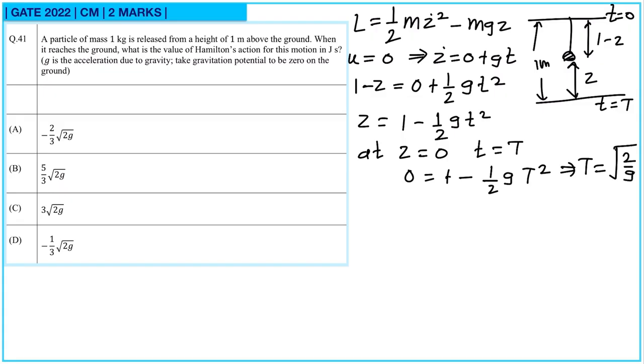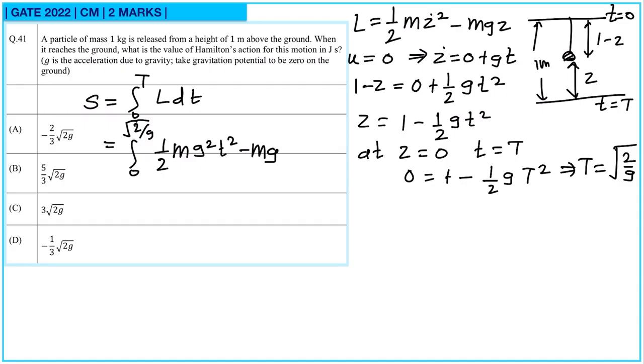Now this integral will be S is equal to the integral from 0 to T of L dt, which is equal to 0 to under root 2 by g, and L is, this is L, so half m, and z dot is gt, so that is g square t square, minus mg into this z thing, which is 1 minus half g t square, and this whole thing into dt.